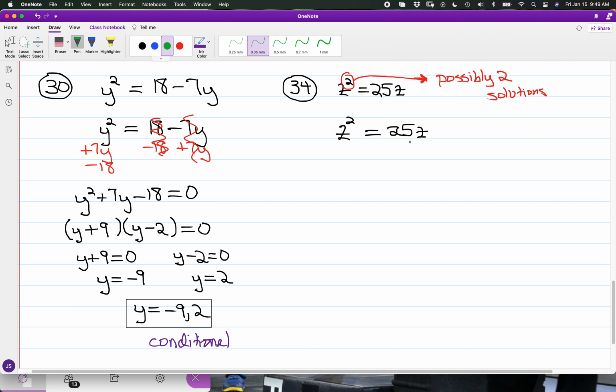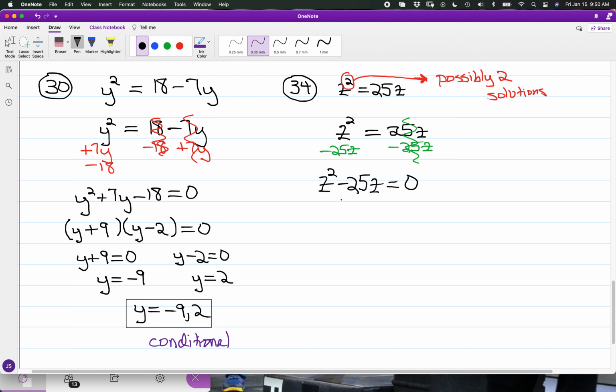If we go ahead and write this out in standard form, we're going to have z squared minus 25z equal to 0.